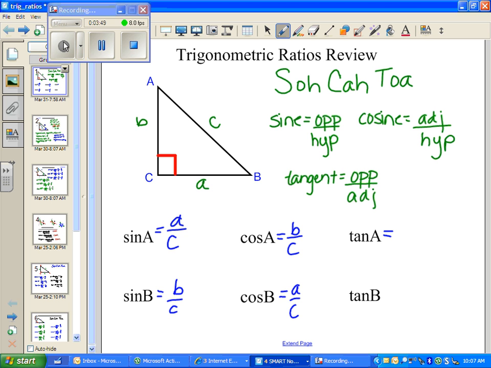A over B. Right, the opposite side A over the adjacent side B. And what would the tangent of B look like, Mel? B over A. Right. It would be the opposite side B over the adjacent side A.